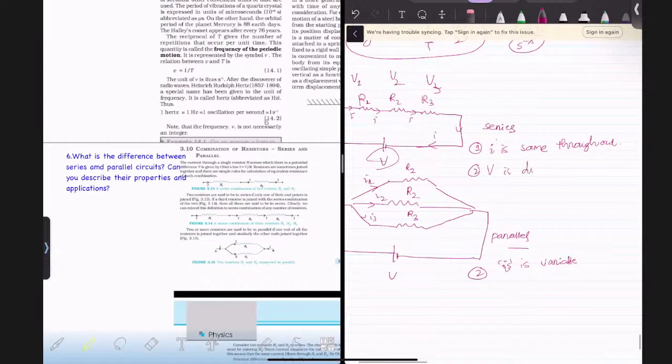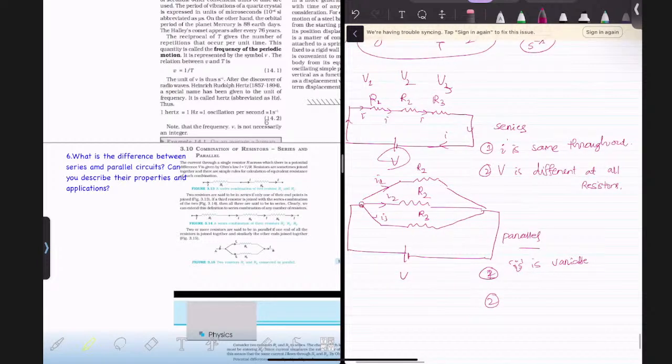V is different at all resistors. Okay, but यहाँ पे voltage is same, at the end V ही होगा. तीनों रजिस्टर के एंड पे वोल्टेज सेम ही होगा. V is same throughout.